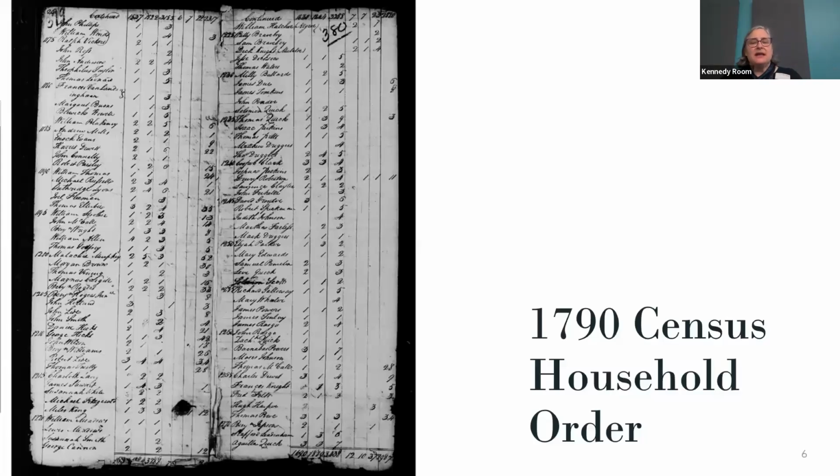So in 1790, you're going to see 3 different styles of census reports, depending on the area and depending on which copy survived to be distributed.